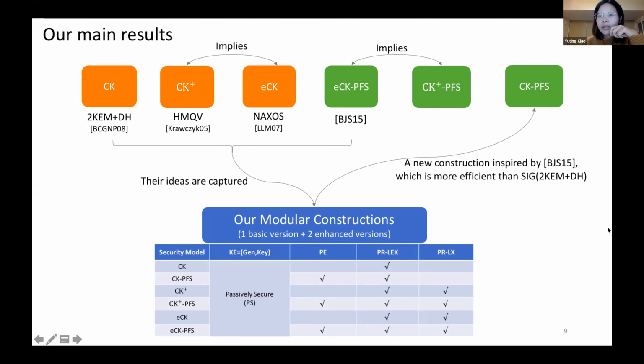This compiler simply adds signatures on the messages sent by both sides. These are our main results I can introduce in the 5 minutes. That's all. Is there any question?